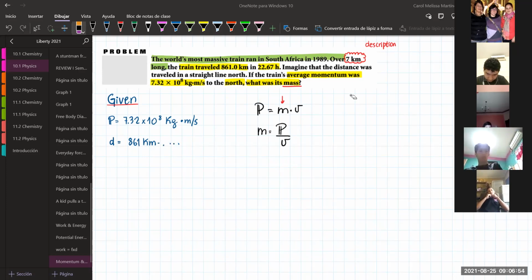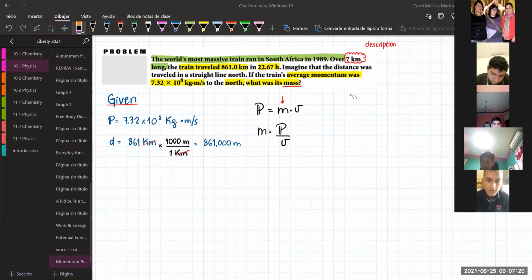So I can do this in this first step. I can say that in 1 kilometer, I have 1000 meters. So this is equal to 861,000 meters. So the distance that the train traveled is already converted to meters.